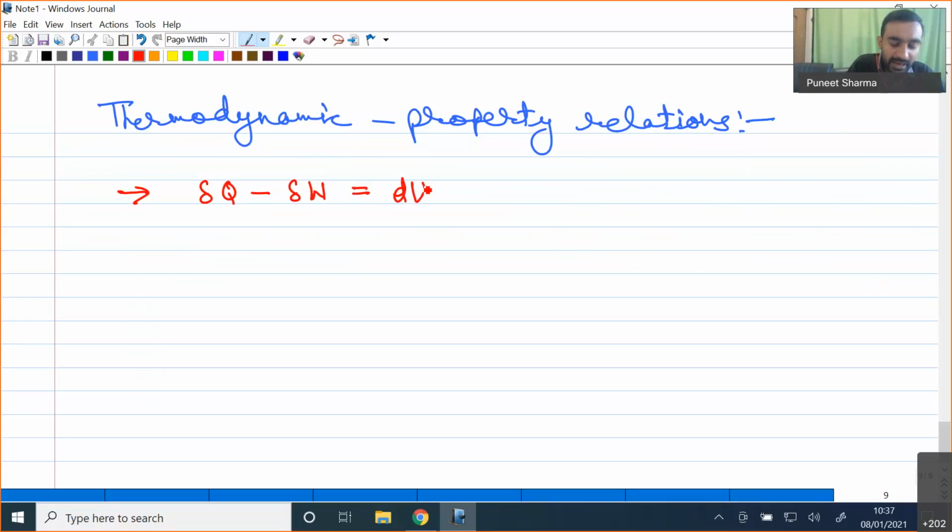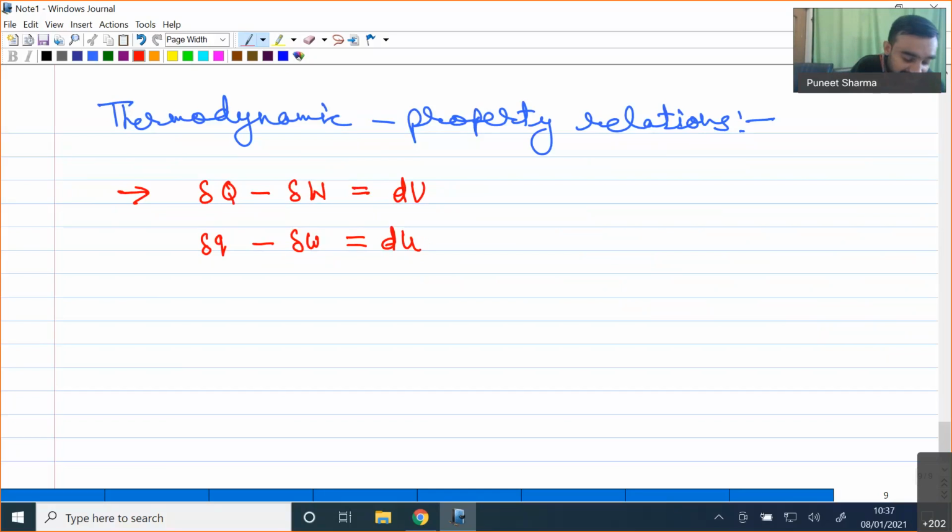If I write this equation on a per unit mass basis, I will find del small q minus del small w equal to du. So this is our first law of thermodynamics for the closed system, control mass system.